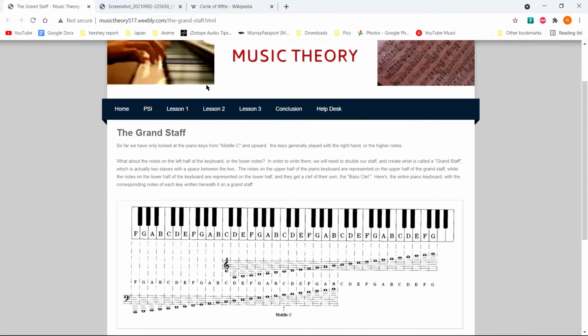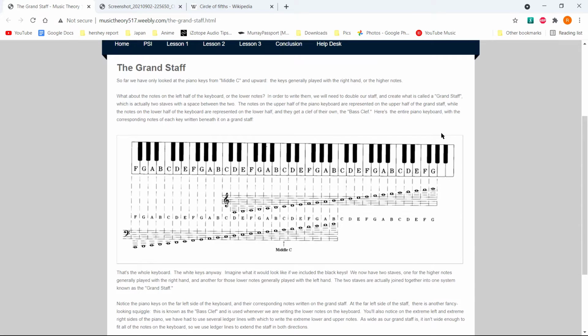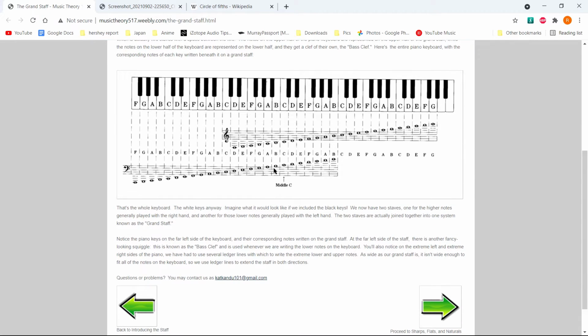So we are on Music Theory 517.weebly.com. Credit where credit is due, because surprisingly, I don't have a transcribing software to create sheet music with. So this is for visual representation.